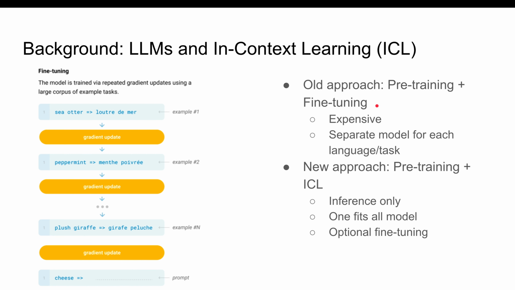And this would be computationally expensive because we would require a huge amount of annotated data and would have a separate model for each language and task. But now, in modern times, what we do is we take a large language model, which is pre-trained, and then we use in-context learning, where you run the model only in inference mode, and therefore a single large language model can be used for a variety of downstream tasks.